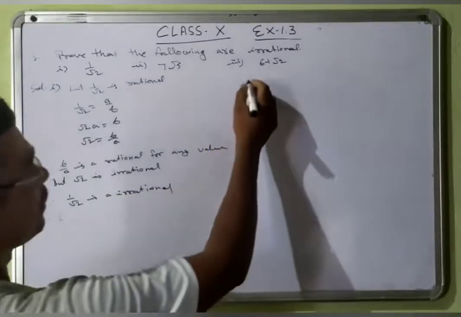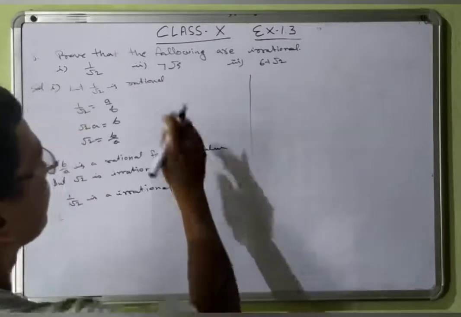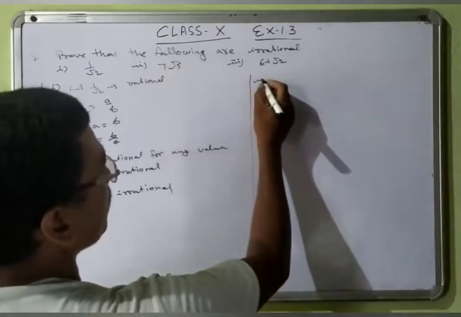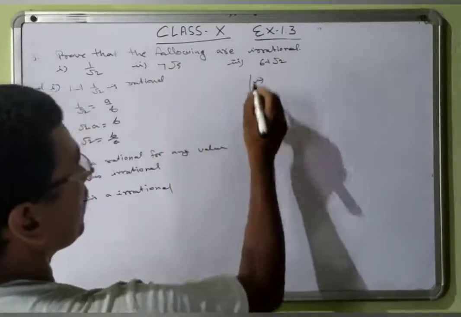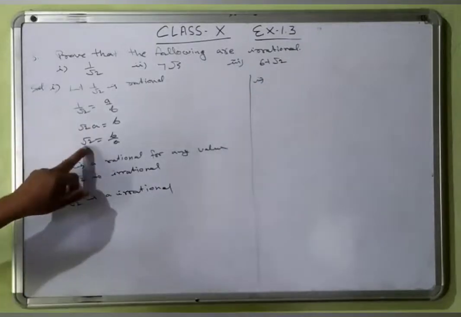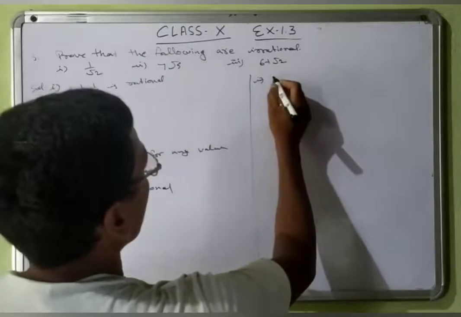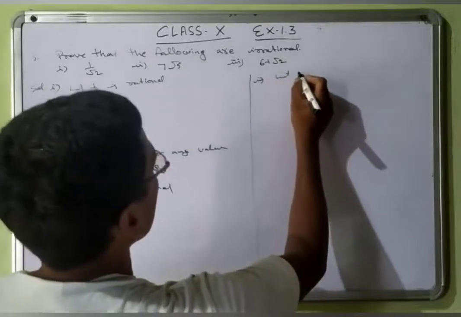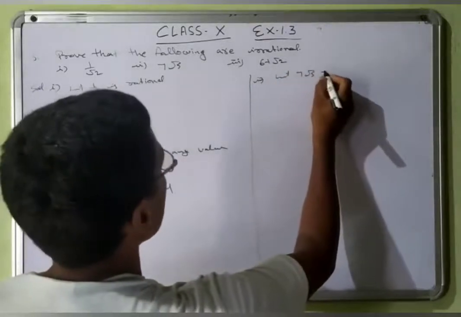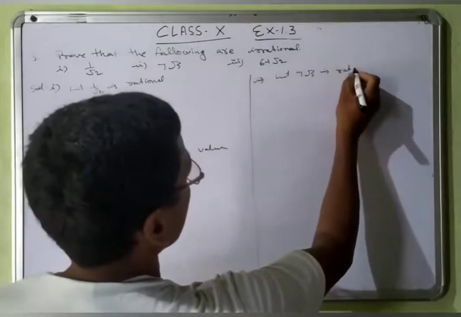Write it. See the one more part, the second part. It means here you will separate the root term. Let 7 root 5 be rational.